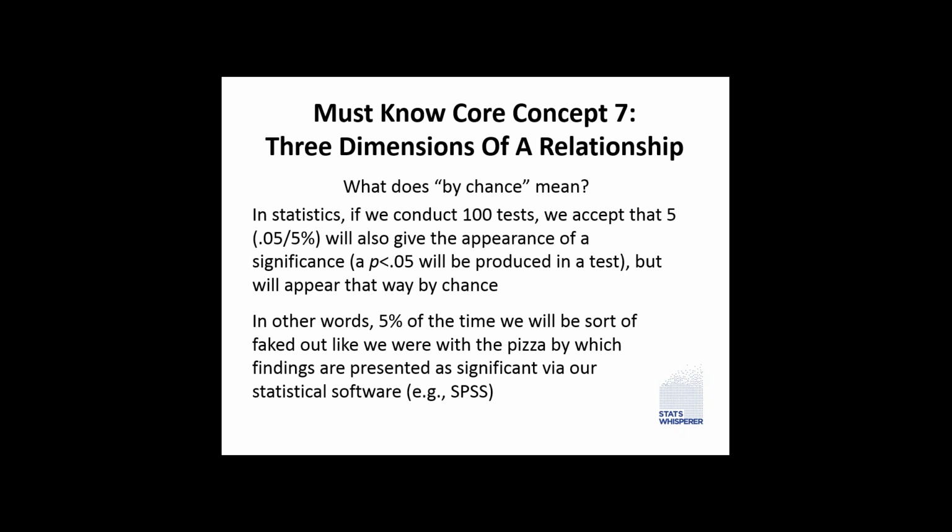So basically we know there's 5 stinkers in that whole list of 100 that say, hey, this is related to this, when it's really not. So that's our level of probability. Just like we got faked out by the guy holding the pizza, there'd be 100 tests, they all look significant, but 5 of them will just be by chance.